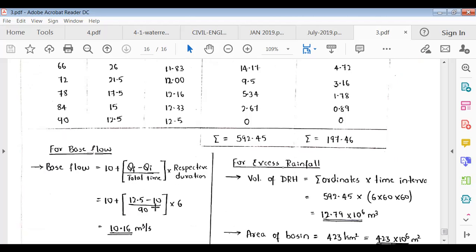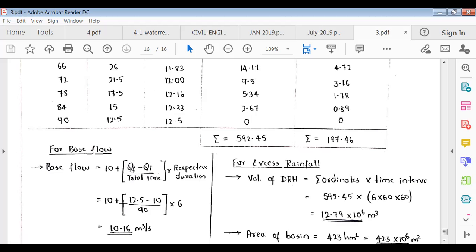So 12.5 minus 10, divided by total time, which here is 90, into the respective duration. These are all 6-hour durations, that is 6. So it is 12.5 minus 10 divided by 90 into 6. Only this value will give us 0.16. The value here is 0.16.